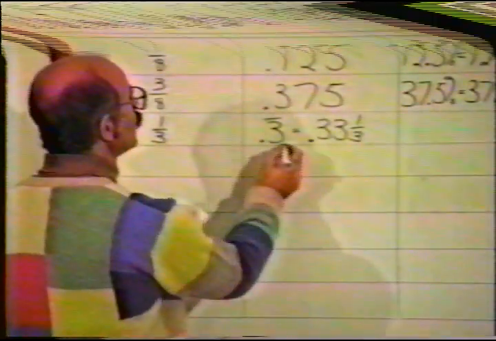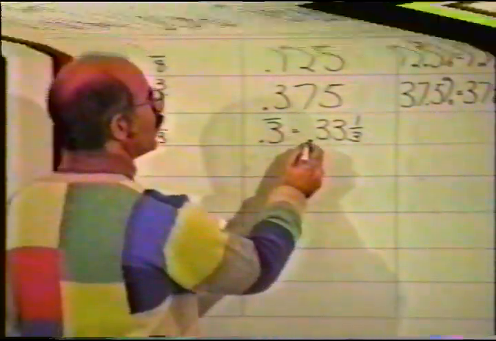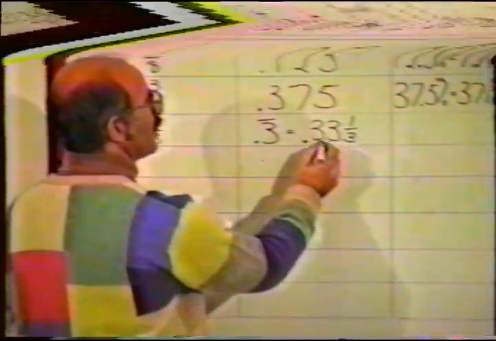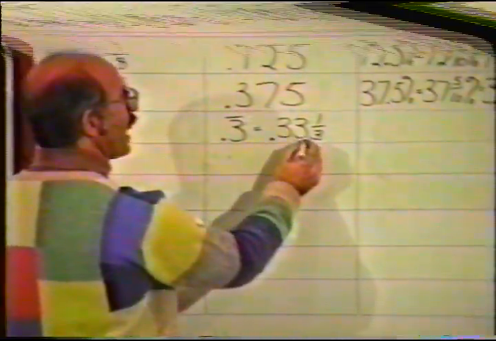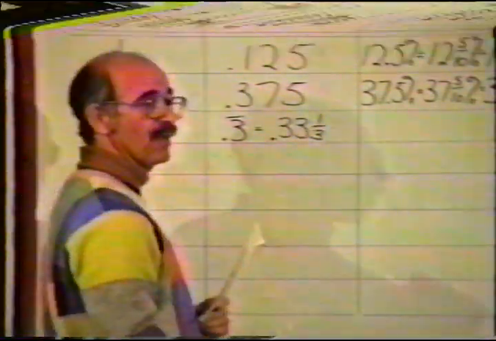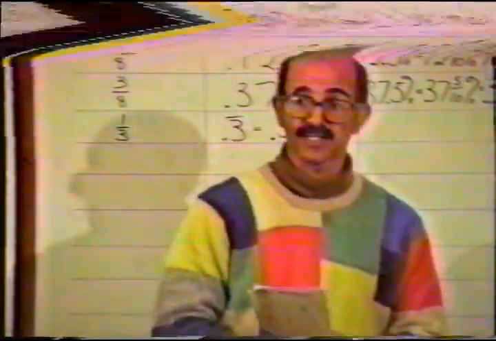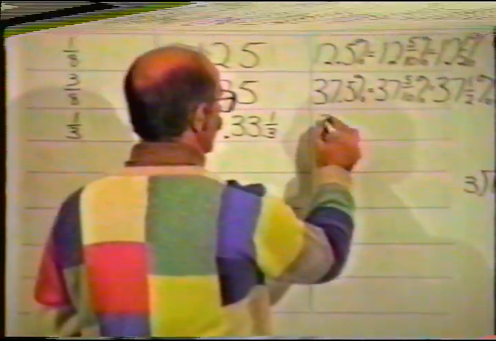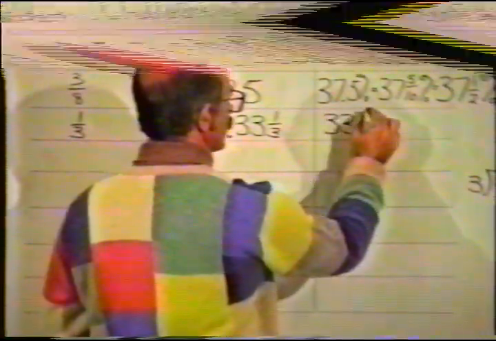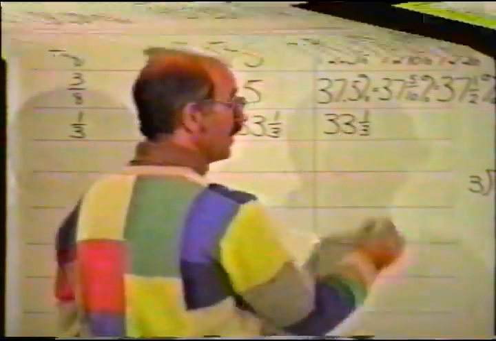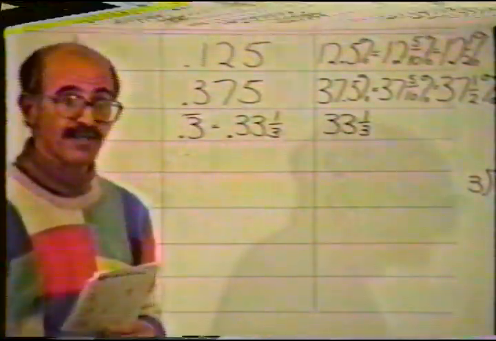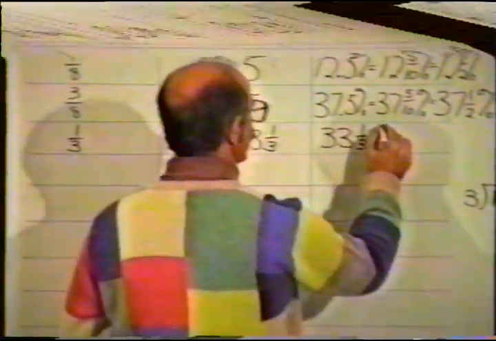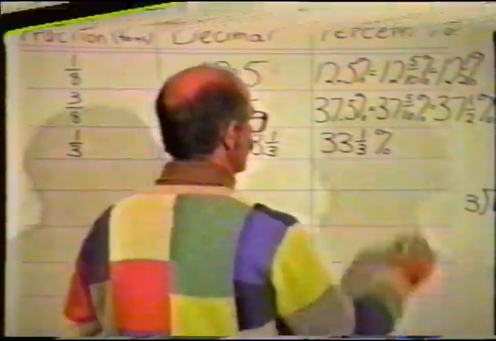We're going to move the decimal point over 2 places to the right. Then it will say 33 and 1/3. But we won't need to keep the decimal point there for it to say 33 and 1/3, because if we write it like this, that's the way we'll read it. 33 and 1/3, and of course we have to add the percent sign.